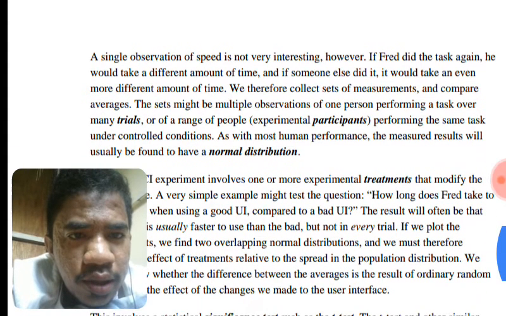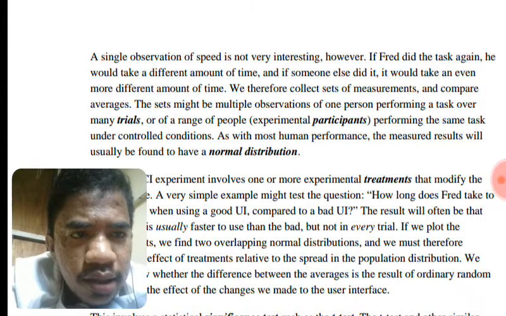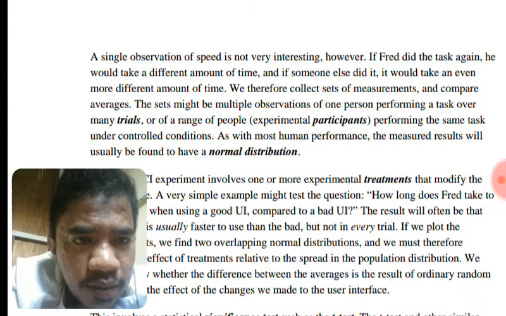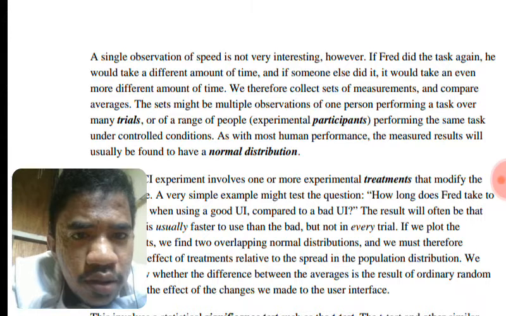A single observation of the speed is not very interesting. However, if Fred did the task again, he would take a different amount of time, and if someone else did it, it would take an even more different amount of time. We'll therefore collect a set of measurements and compare averages.